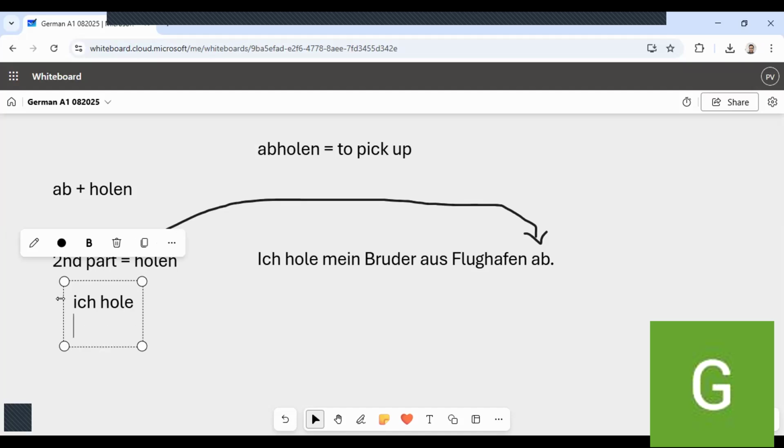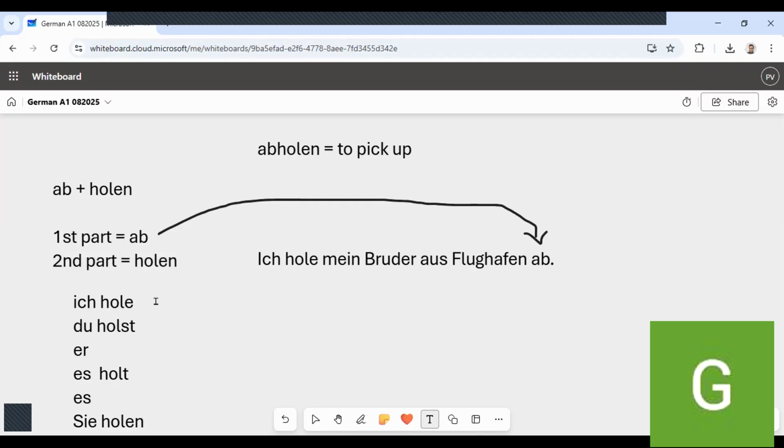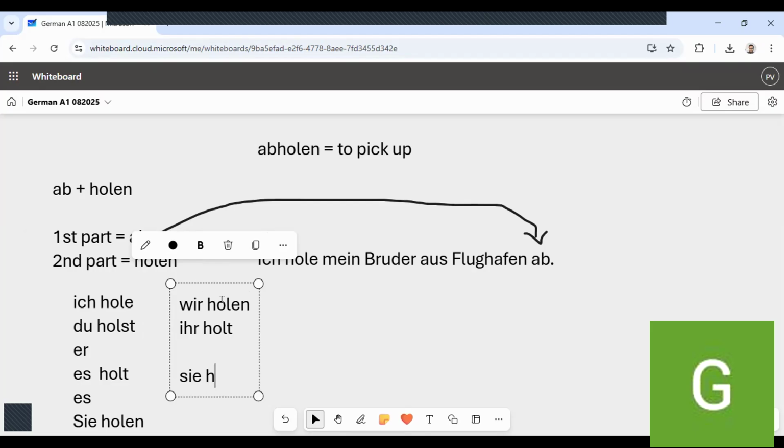The rule is: with ich, e will come; st will come; er, sie, es: t will come; and then en, en, with wir, sie and Sie.